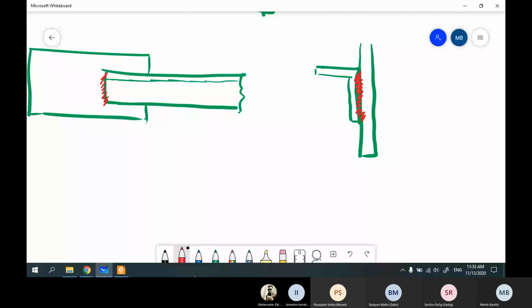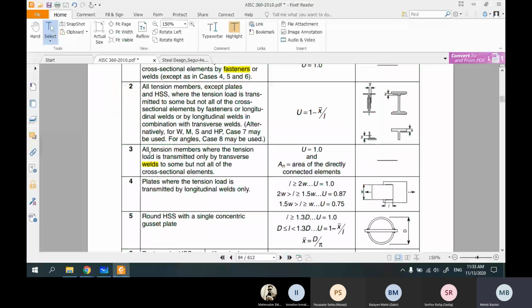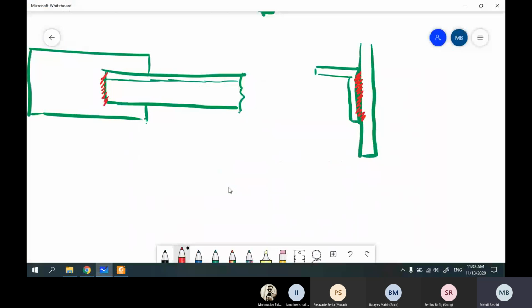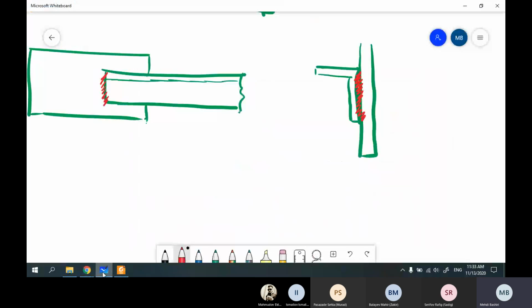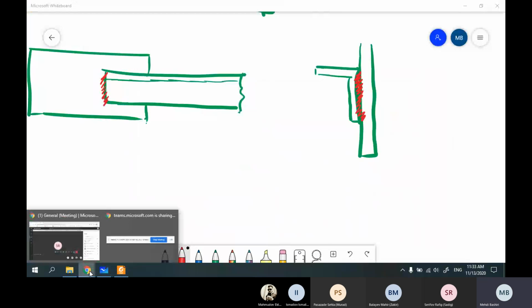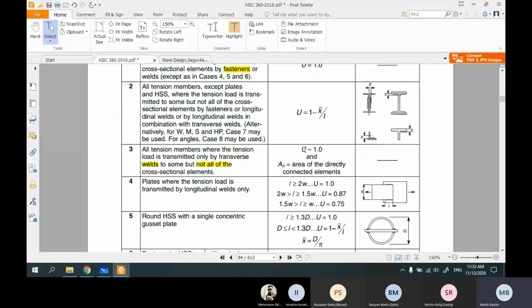The table says, all tension members where the tension load is transmitted only by transverse welds. So all we have is one transverse weld to some but not all of the cross-sectional element. Not all of it, just one. In this case, U is 1 again. So there is no need to find U.